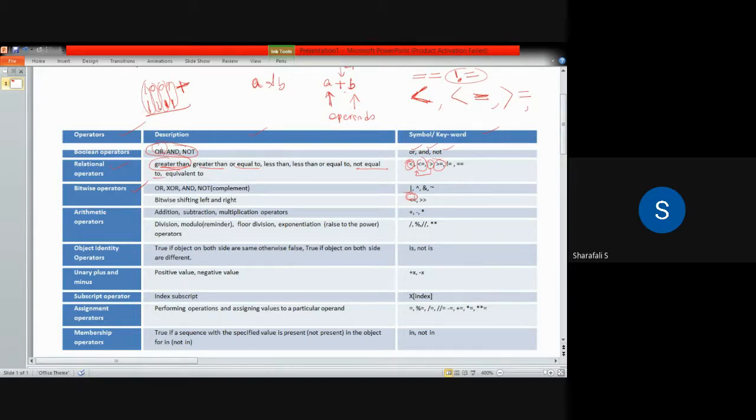All these things are possible. I will explain bitwise operations while doing the program. Bitwise operations do all these operations on binary bits.